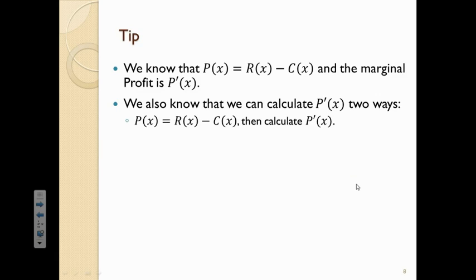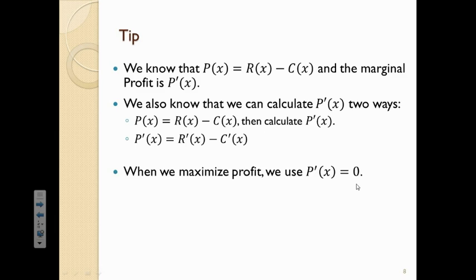But we could also realize that the marginal profit is going to be the marginal revenue minus the marginal cost. Either of these formulas would work. We get p prime, we set it equal to 0 and solve. We realize, again, that we will find the maximum profit will be when p prime is equal to 0.